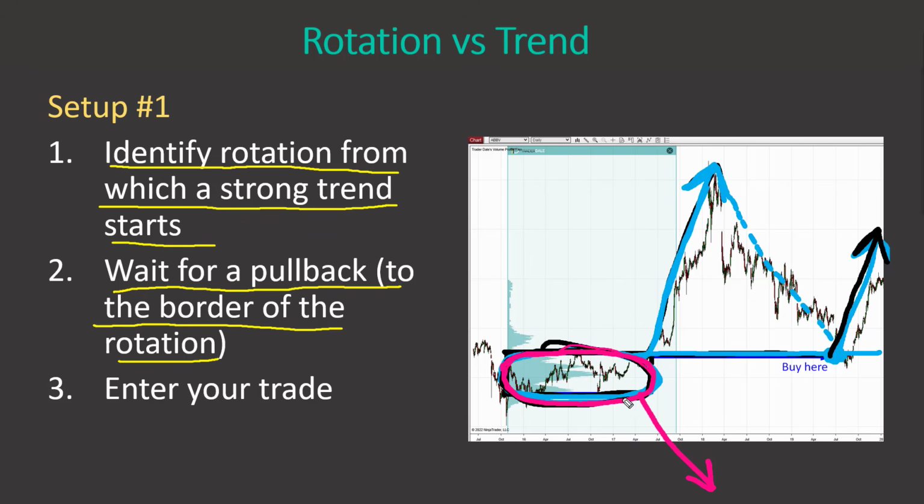So what you would do is you would print a line here, or just set a limit order here and wait for a pullback and go short from here, from the lower border of that rotation, right? From here. So that would be the short trade scenario of this, right?